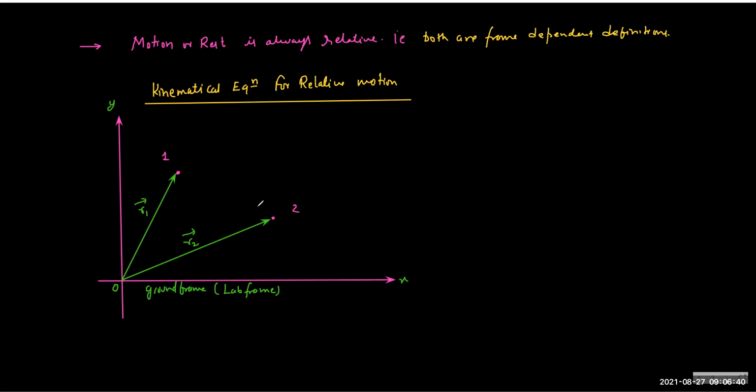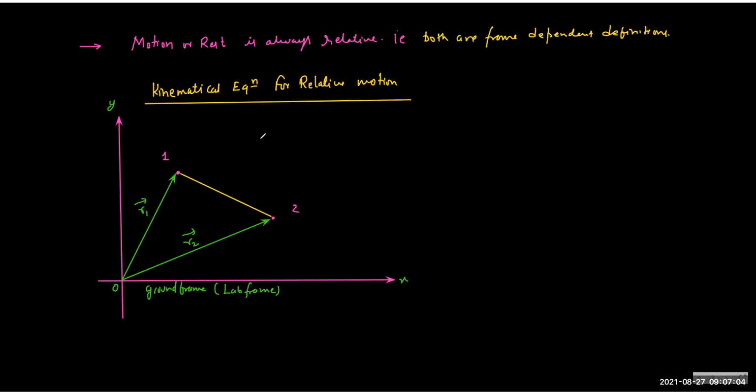The two particles 1 and 2, what happens if they start observing each other? Oh, that's interesting. If 1 and 2 start observing each other, now they are themselves in motion, but they are trying to see each other. So how will the expression look?